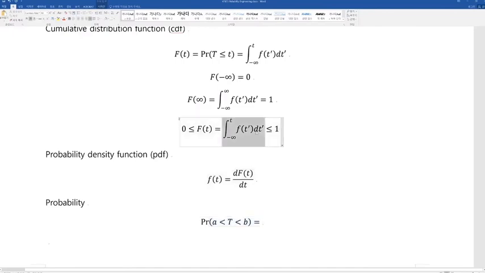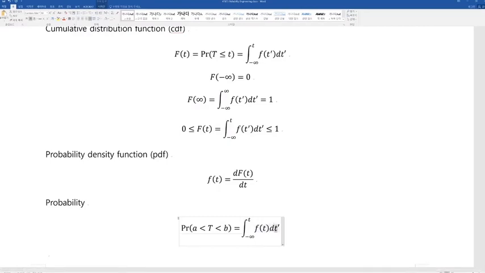Maybe here we are able to use just t. So when we calculate the probability that this random variable t belongs to between a and b, that probability should in fact be calculated by the integral from a to b of the probability density function.